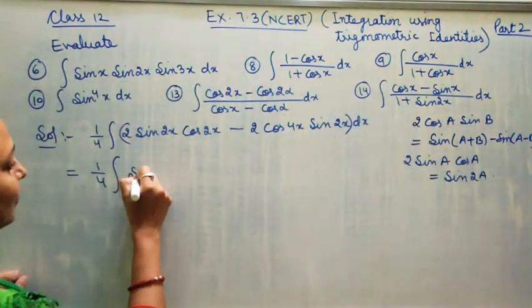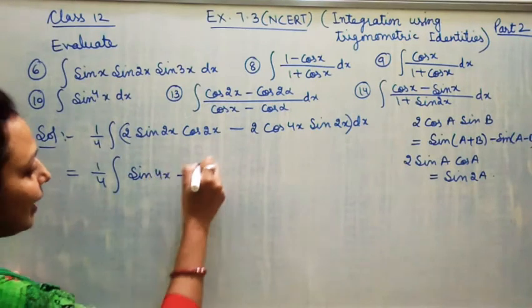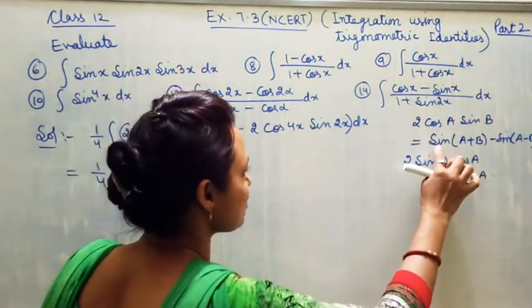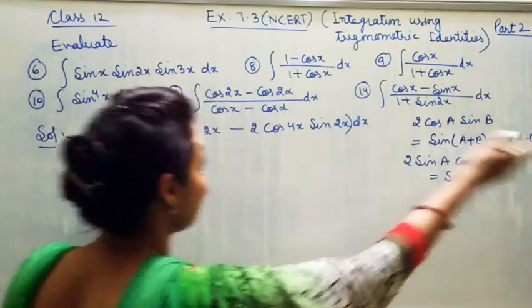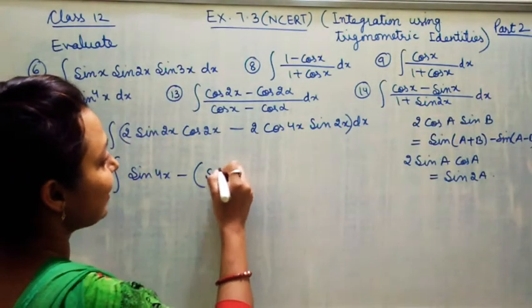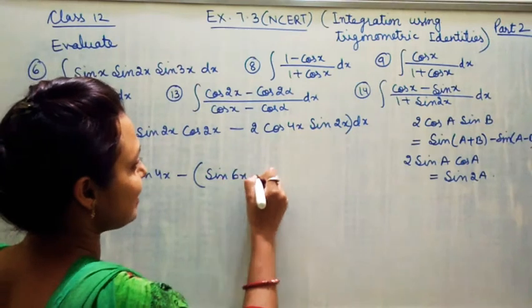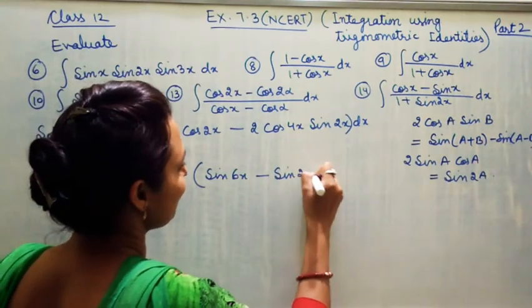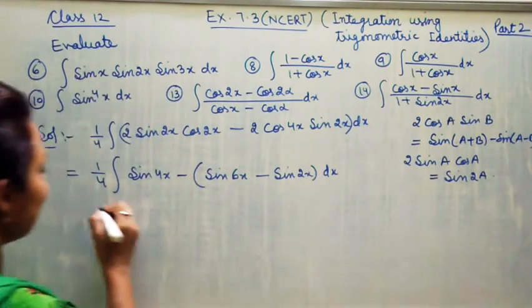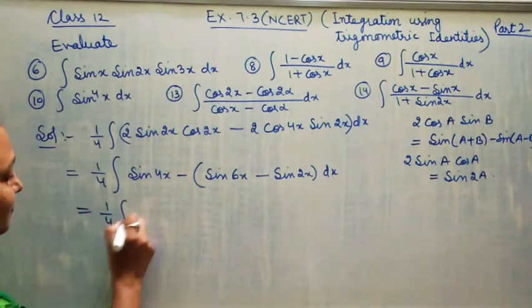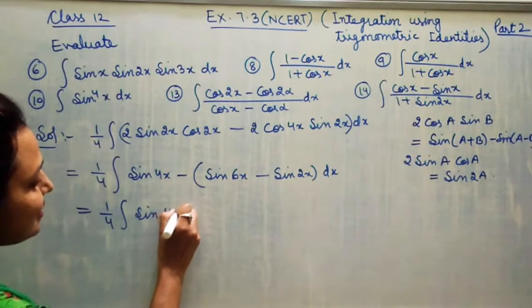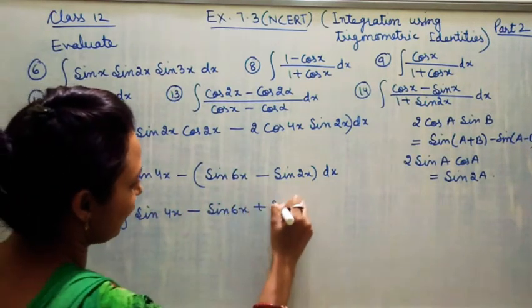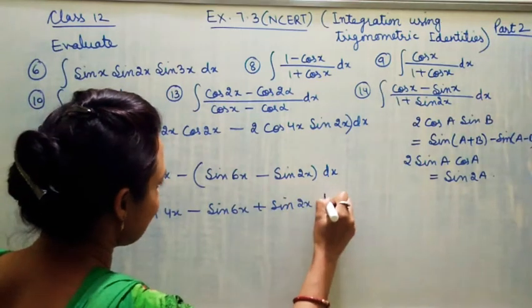I will take the formula 2 cos A sin B, which equals sin(A plus B) minus sin(A minus B). So this is sin(A plus B), that is 6x, minus sin(A minus B), that is 2x dx. Right? It will equal 1 by 4 of sin 4x minus sin 6x plus sin 2x dx.